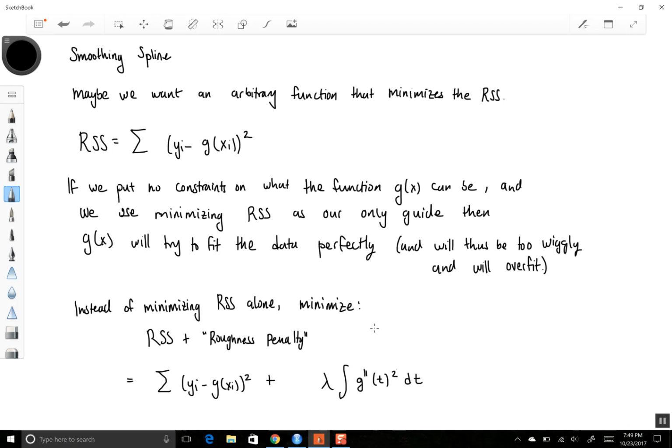This part is the penalty term, related to the second derivative.